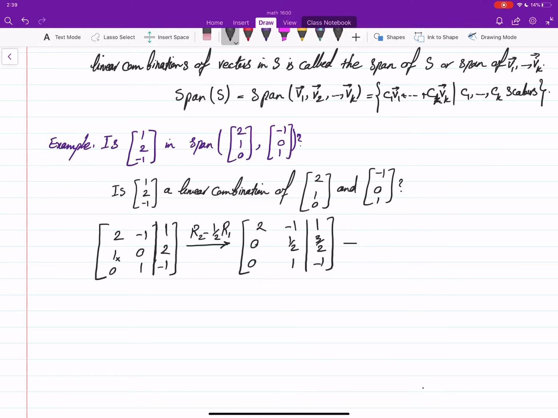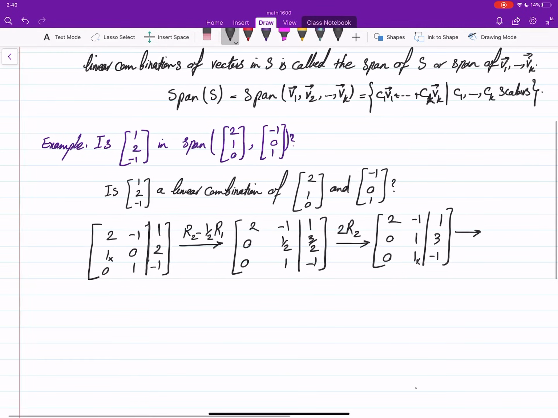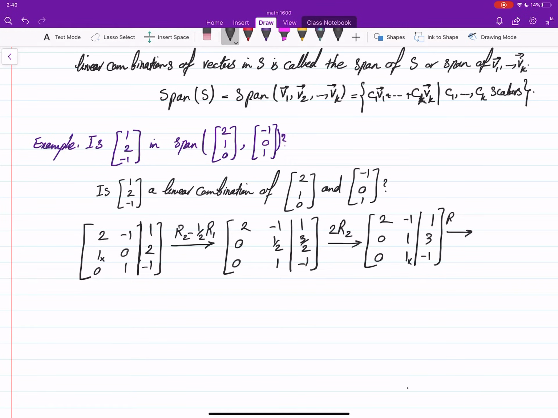Now let me multiply the whole row 2 by 2 so that I get nicer numbers, and then use that to make this entry 0 so that we get to row echelon form. So this is row 3 minus row 2, which gives us 0, 1, 3, and then 0, 0, and here is the thing: negative 1 minus 3 is negative 4.